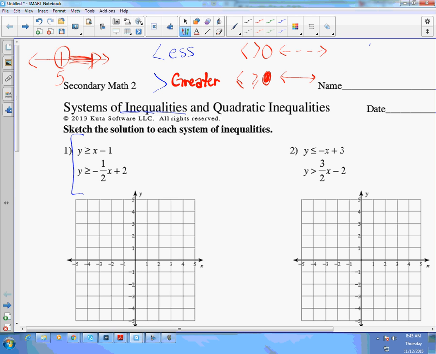Grab one of your pencils, please, and shade lightly the first one. Grab a colored pencil. This is linear because it's x minus 1, in the form x plus b.